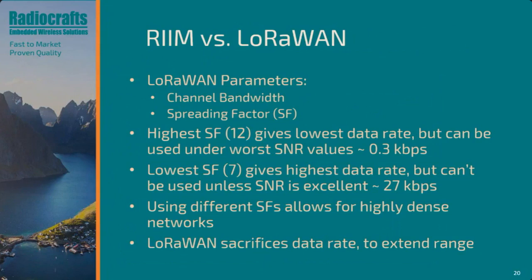The lowest spreading factor, which is 7, gives the highest data rate, around 27 kilobit per second, but of course it can't be used unless the SNR is excellent. So you can see that LoRaWAN has a range of different data rates that can be used. And of course, using different spreading factors allows for highly dense networks. LoRaWAN is a living example of sacrificing data rate to extend the range.